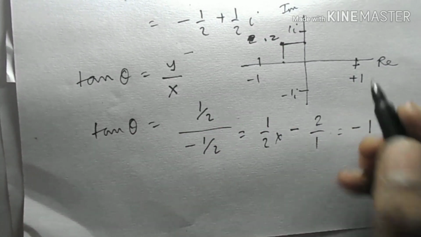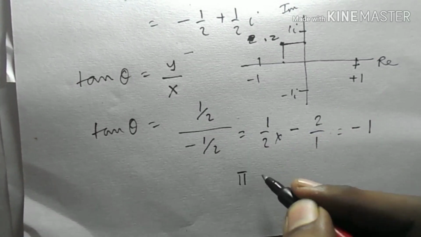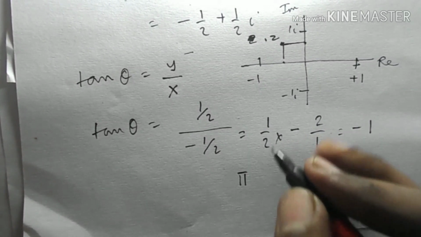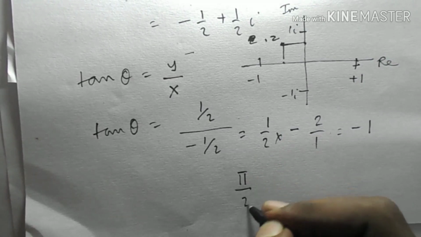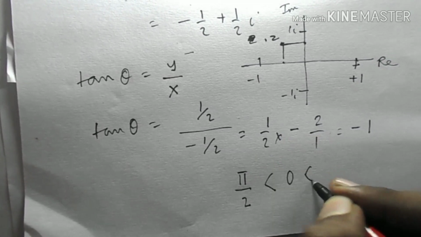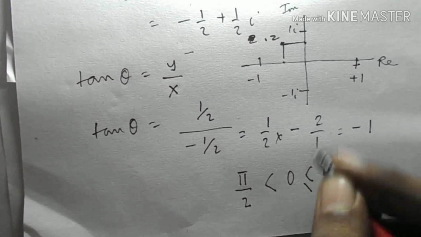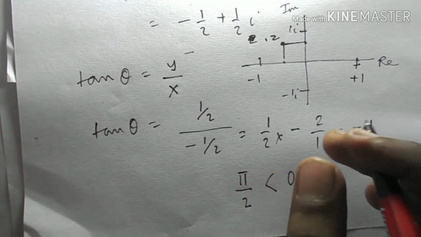Since theta lies in the second quadrant, we have pi by 2 is less than theta is less than or equal to pi. This is the boundary we get, right?